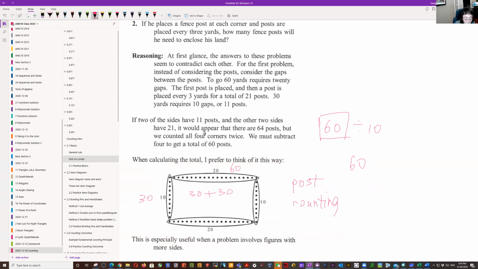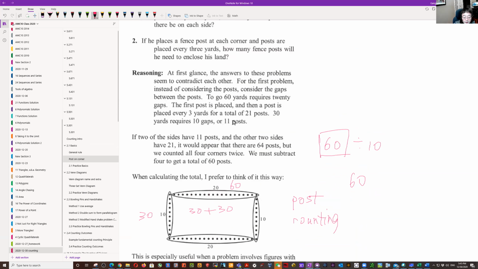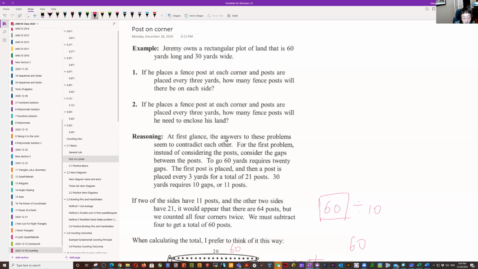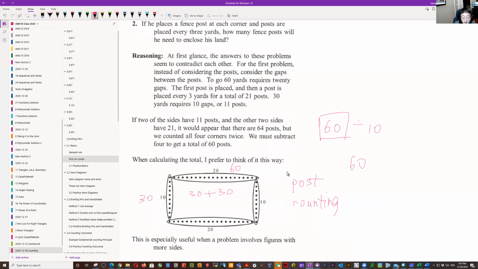This is 30 yard. And they are doing like a post every 3 yards. So in this case, it's actually 60 plus 30, then multiply by 2, divided by 3.